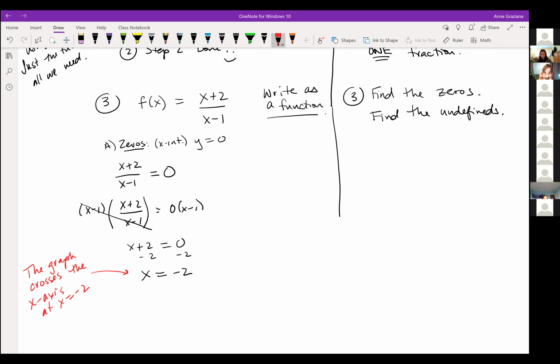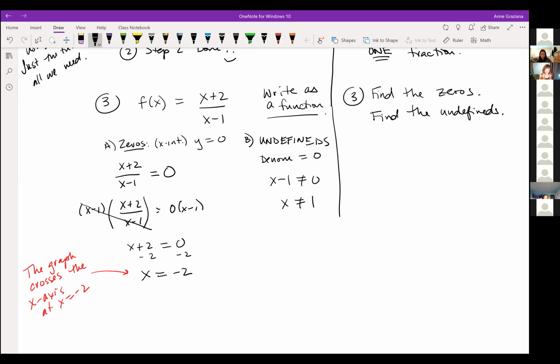Okay? Now, the undefines is easier than this. Where is this function going to be undefined? Yeah, Marian's got it in the chat. It's wherever your denominator equals 0. So if I have x minus 1, it cannot equal 0, so my x cannot equal 1.